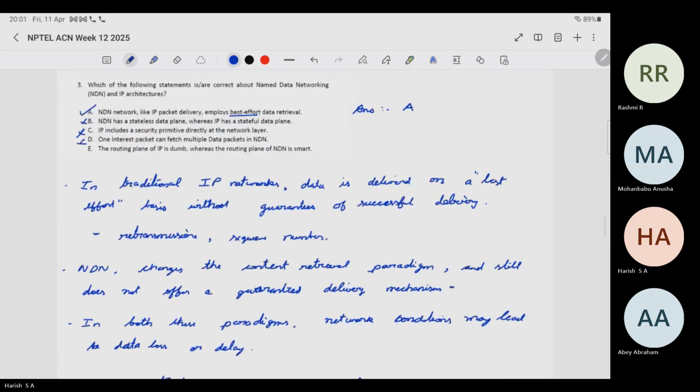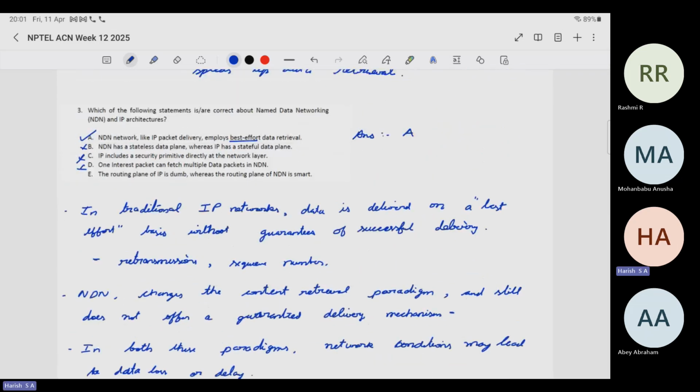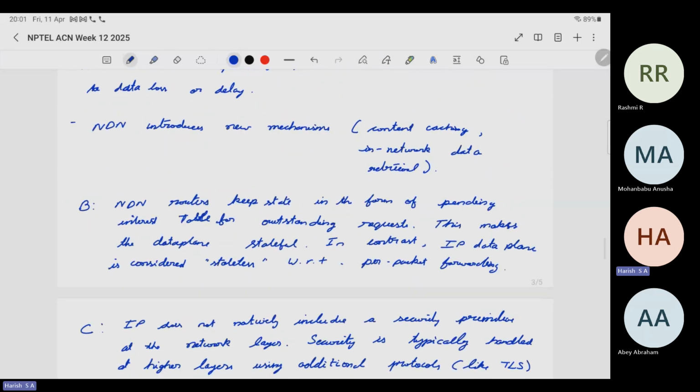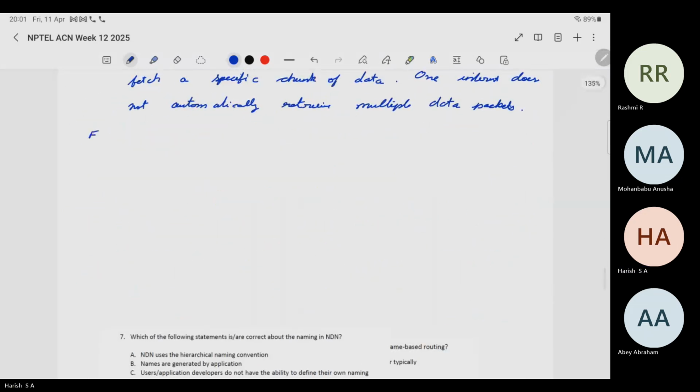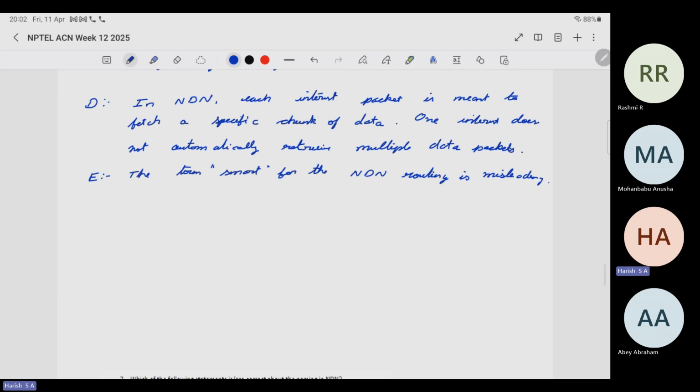Right. And the last option is the routing plane of IP is dumb, whereas the routing plane of NDN is smart. Okay, so this is also not correct. But why is this not correct? It's misleading. So why is it misleading?